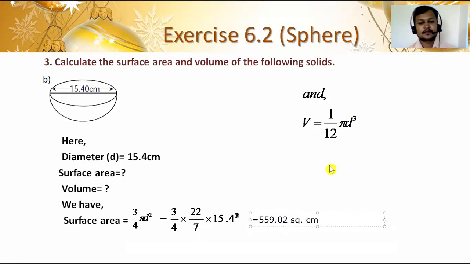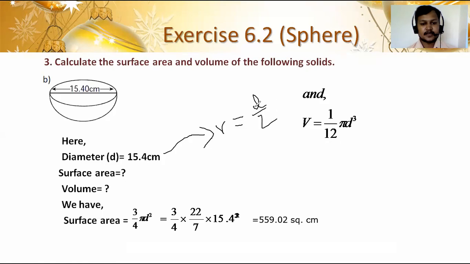Next one, volume is equal to 1 by 12 pi d cube, and as I already said, you can convert this diameter into radius by doing d by 2, and you can use another formula also. The volume of hemisphere is 2 by 3 pi r cube. You can use 2 by 3 pi r cube, or we can use the formula of volume 1 by 12 pi d cube. Okay.